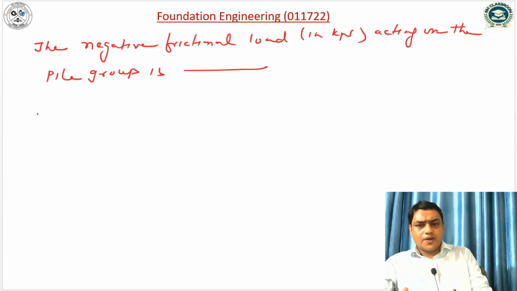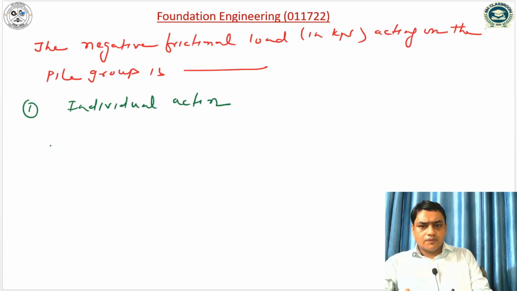So firstly we have to find the individual action. We can compute negative skin friction individual is equal to n into negative skin friction.